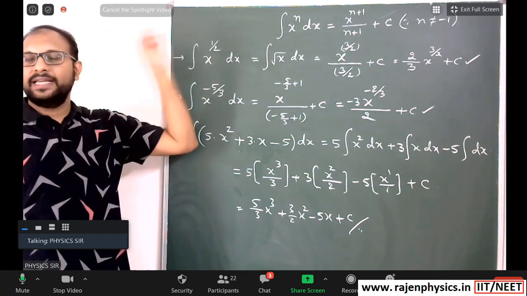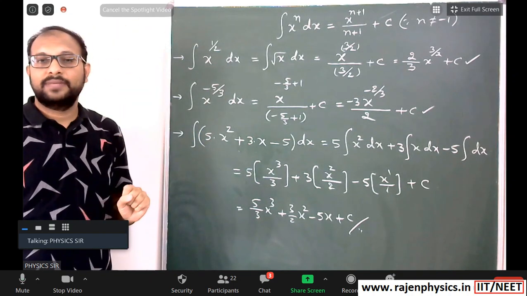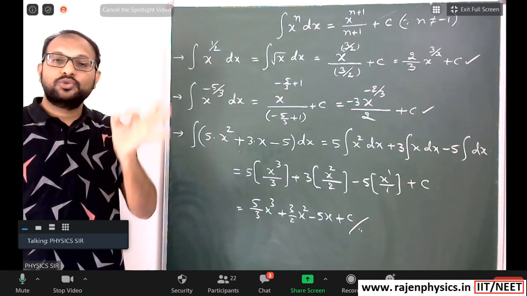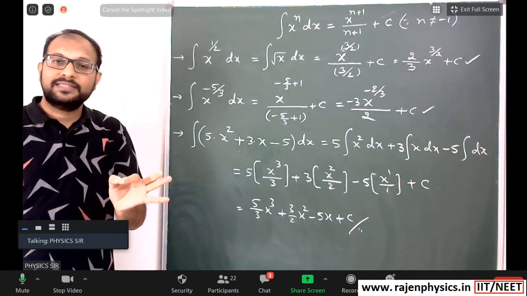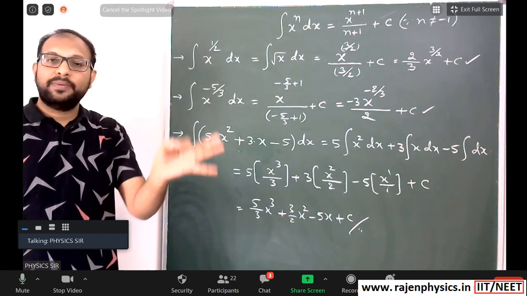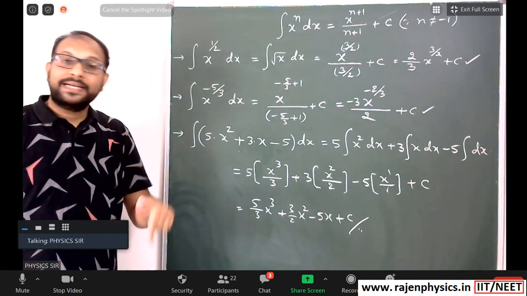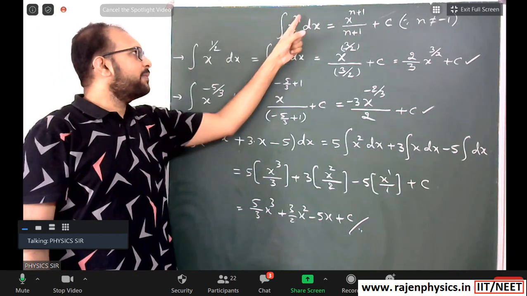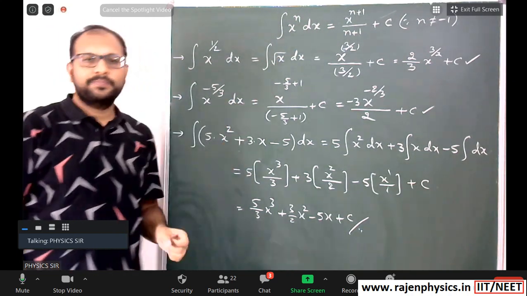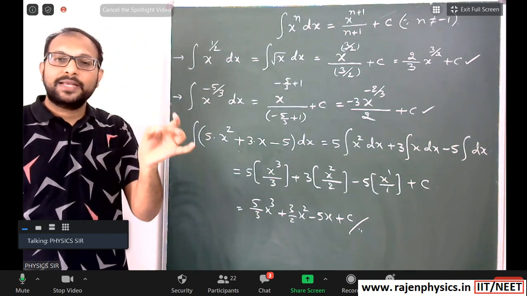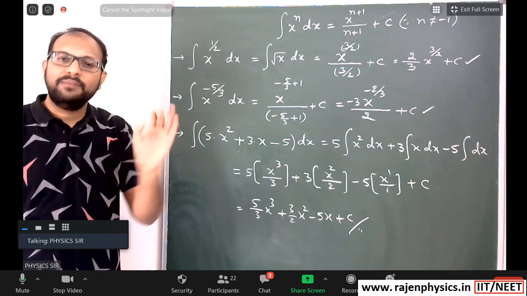You please remember now, in case of differentiation, derivative of x to the power of n with respect to x is n into x to the power of n minus 1. But here integral x to the power of n dx equals x to the power of n plus 1 divided by n plus 1 plus some constant.